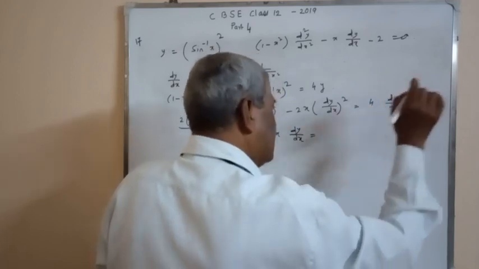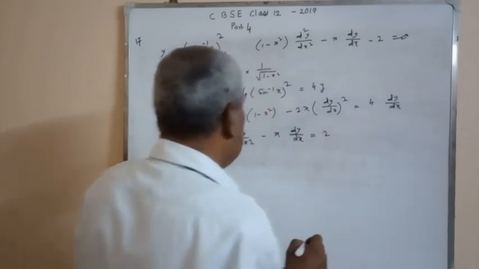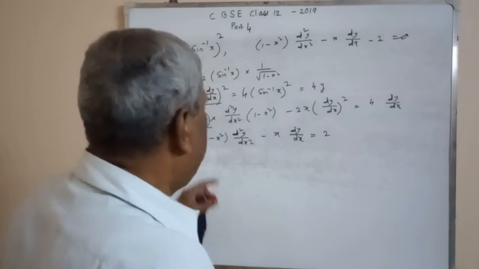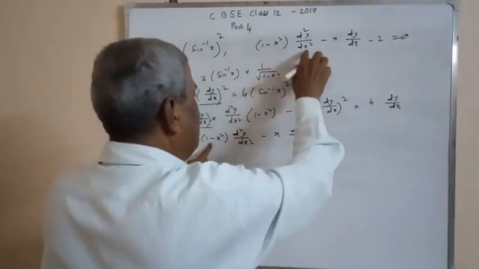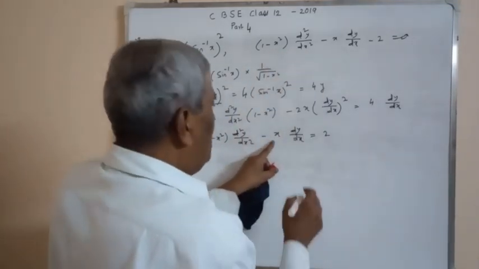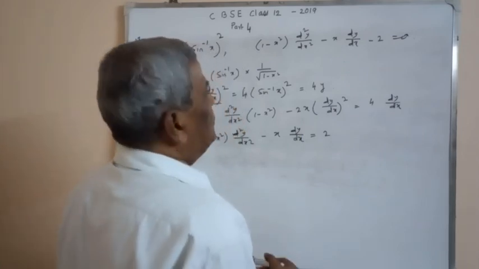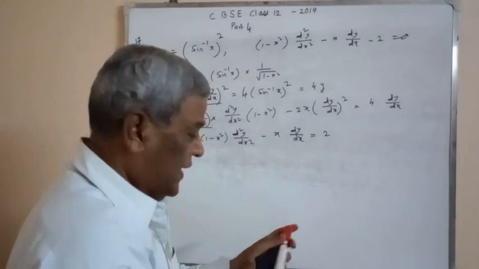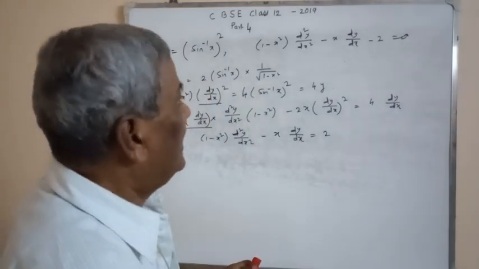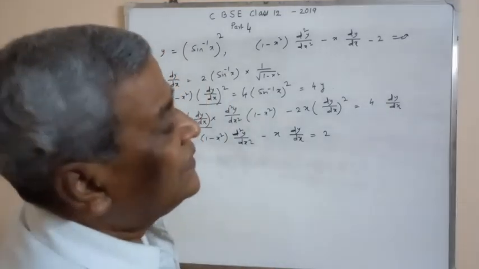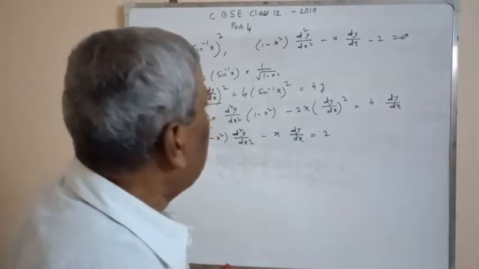The 2 into dy/dx cancels, so only 2. So changing sides, we get our result: (1 minus x square) d2y/dx2 minus x dy/dx minus 2 becomes 0. So, okay, the proof is complete. So let us stop today.